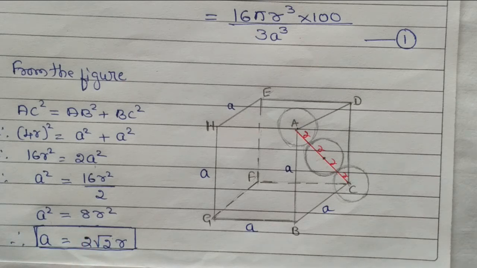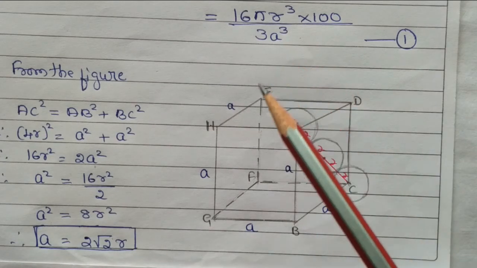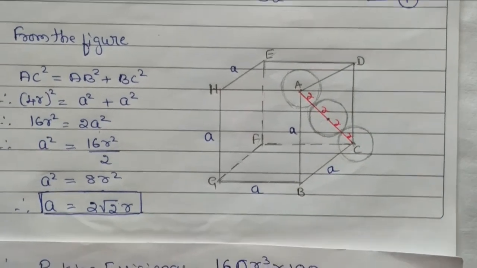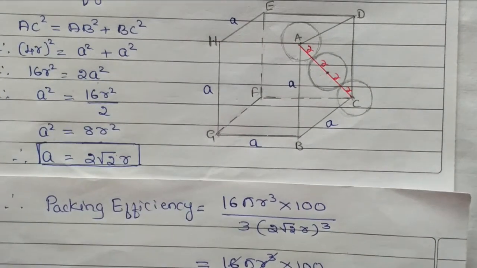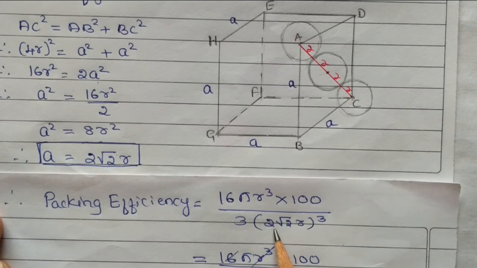Now we have to apply this value in the formula. Packing efficiency equals 16 pi r cube into 100 divided by 3 a cube.